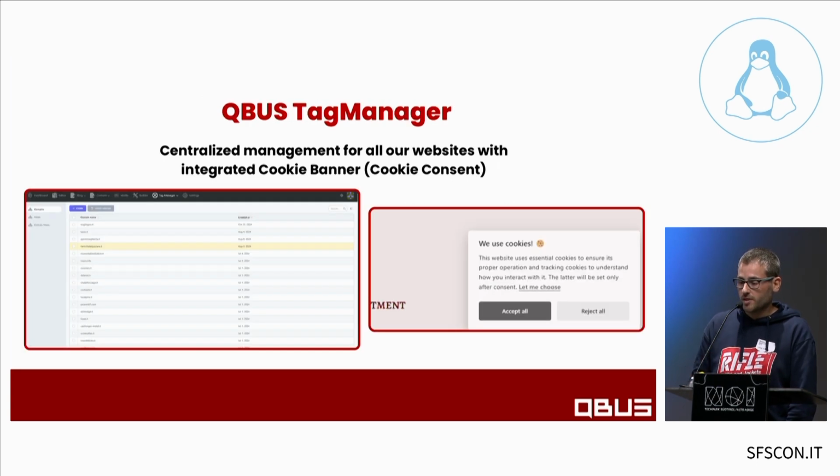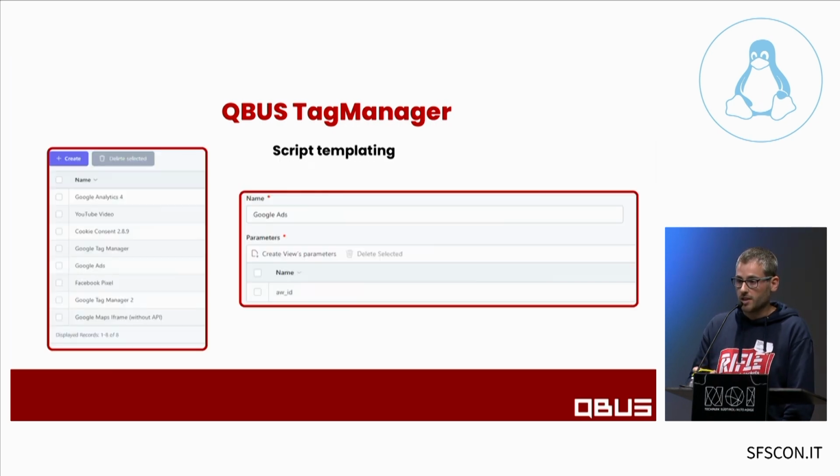So this is the Kubus Tag Manager. We'll go through the key aspects that make it perfect for our needs, and hopefully will be also valuable for your needs. So we have a centralized management for our websites, and we also integrated a cookie banner already. We used Cookie Consent, which is open source software.